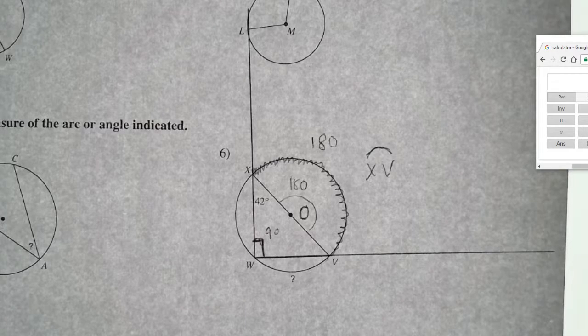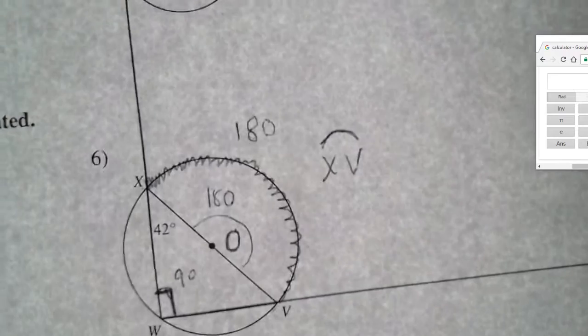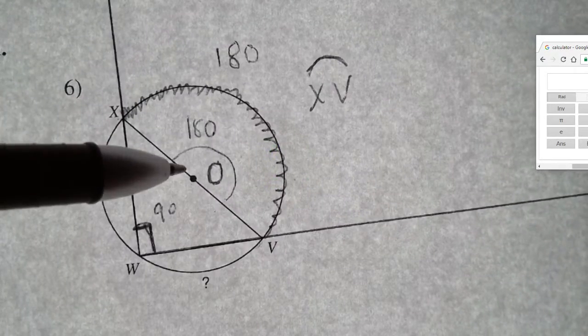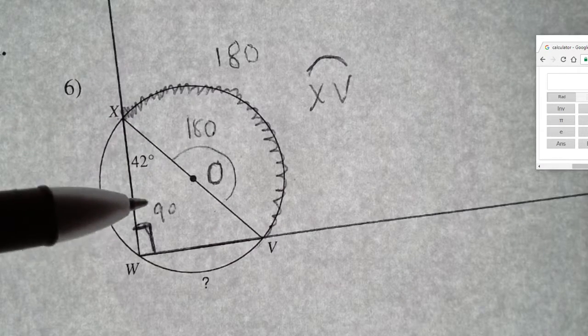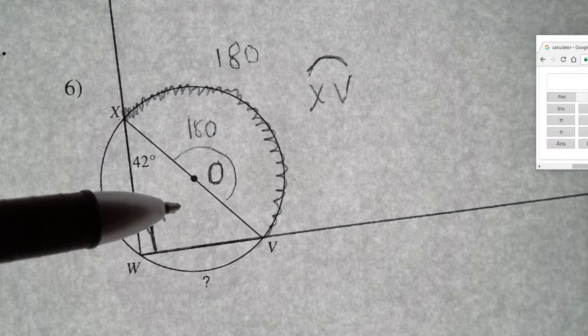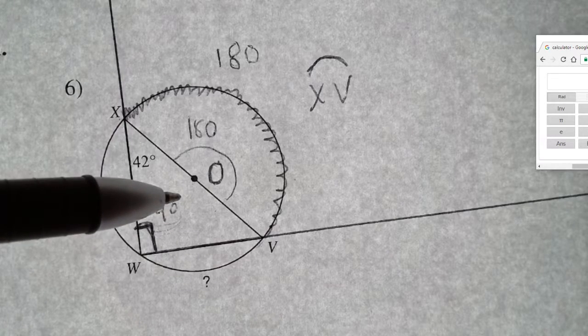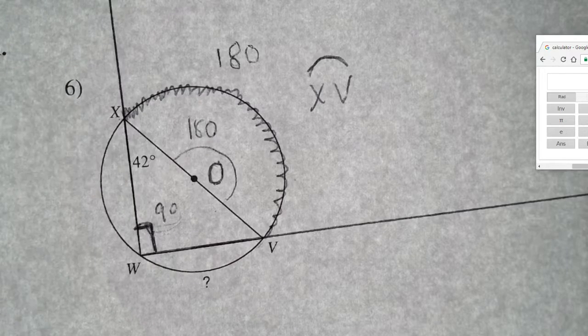This is the real big rule that we see between central and inscribed angles: my central angle is equal to the arc that I intercept, while my inscribed angle is 1/2 of the arc. Similarly, if I have an inscribed angle, I can multiply by 2 to get the arc, and that also tells me what the central angle is.